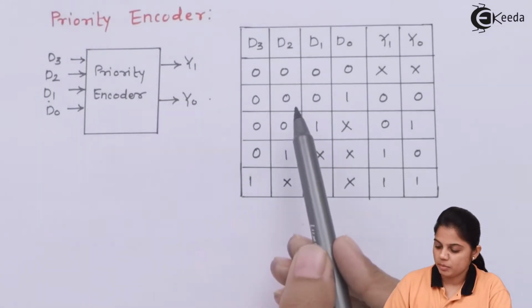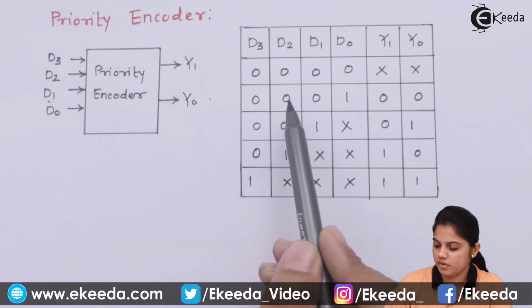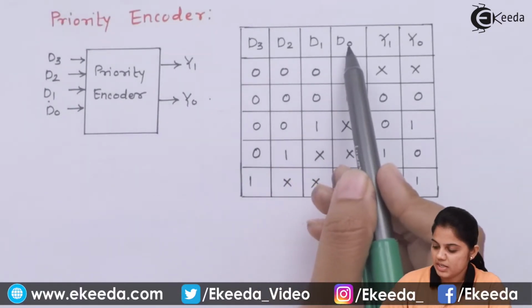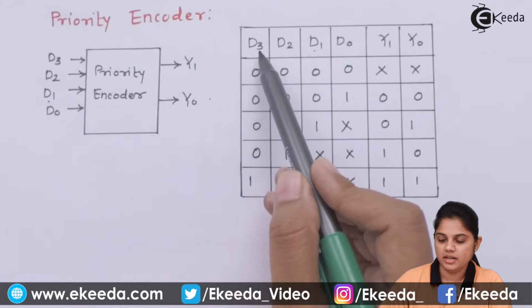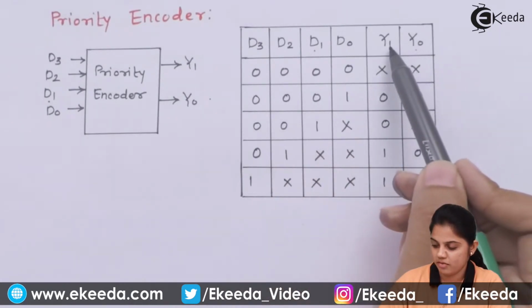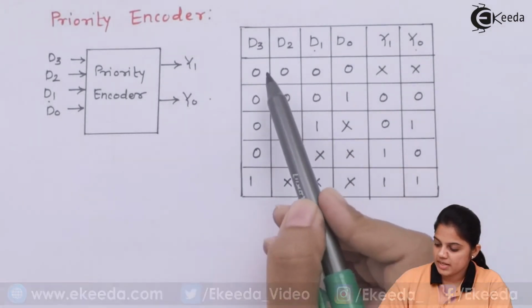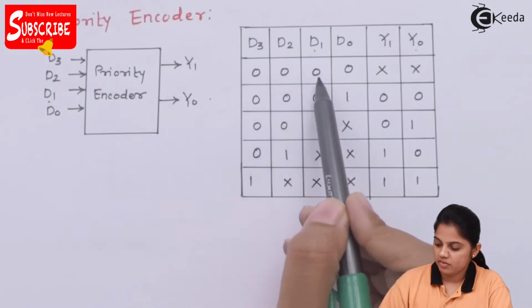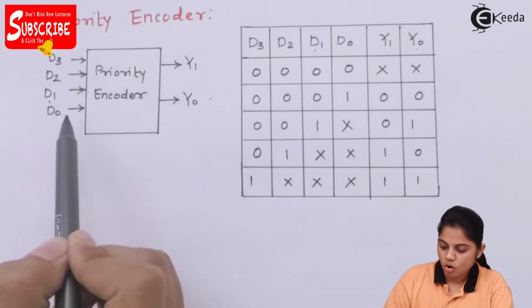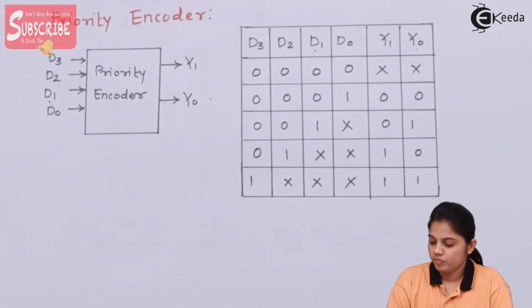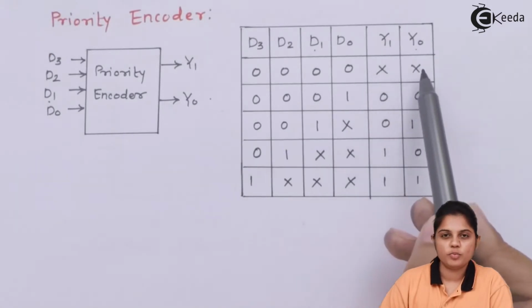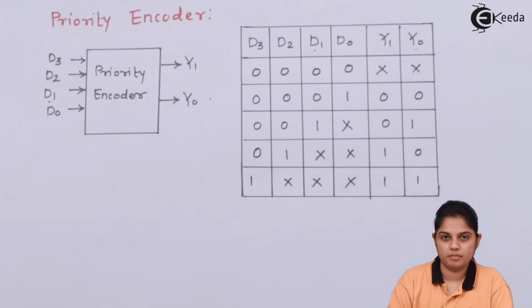Here the truth table for this priority encoder is given, where inputs are D0, D1, D2 and D3 and outputs are Y0 and Y1. Now here you can say if D3, D2, D1 and D0, all 4 lines are 0, then there will be no output across Y0 and Y1.